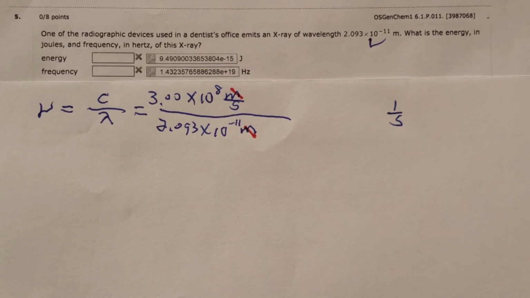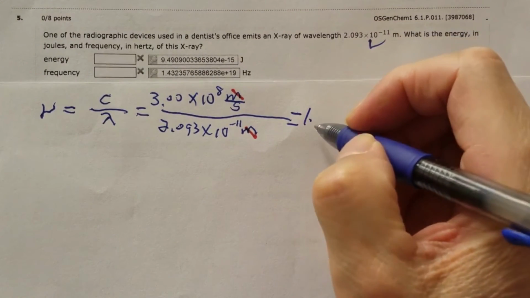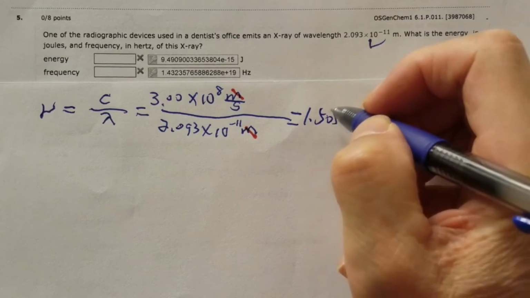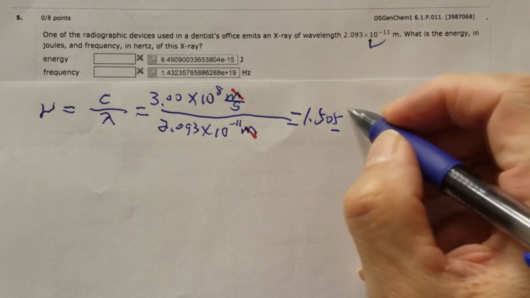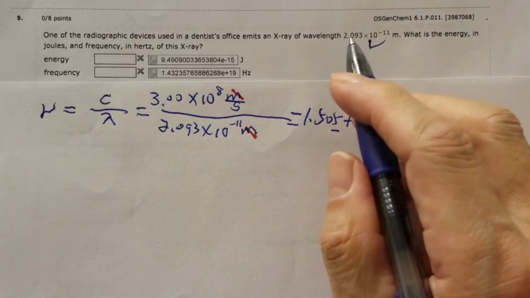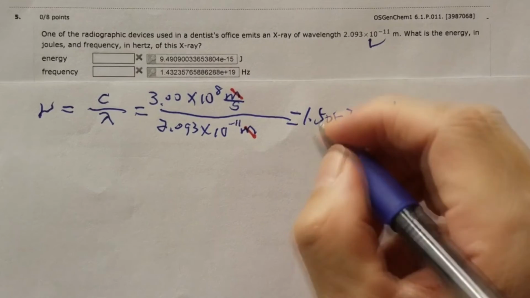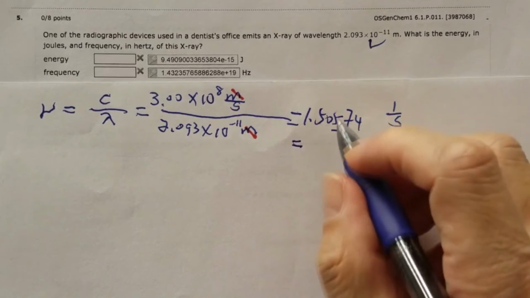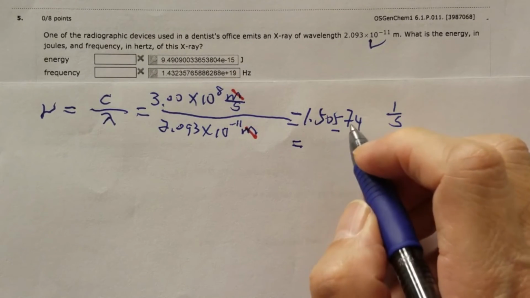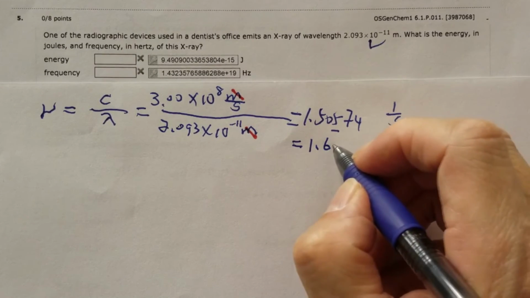So your calculator should give you 1.50574, 4 sig figs if you count. So therefore I underline the last digit, and then that's 7. We round it up.